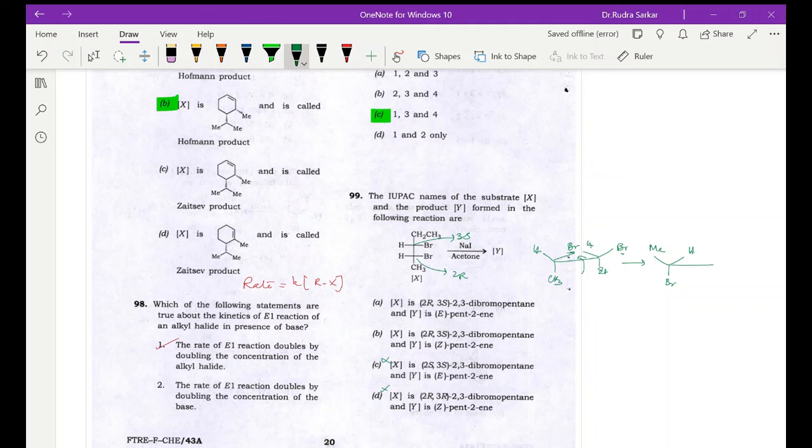And then I take the Br up, so that means my hydrogen comes here and my Et goes here. So that is how we have done. Now with iodide we will do this. So over here we are getting basically an Et over here, H over here, Me over here, and H over here. So this is an E type of pentene. So the answer will obviously be A.